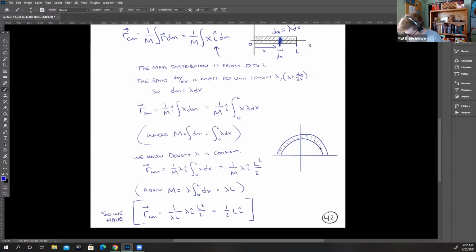So where's the center of mass of this object? Y, X, and there's the rod. But the object has a sort of bend in it. Where's the center of mass?